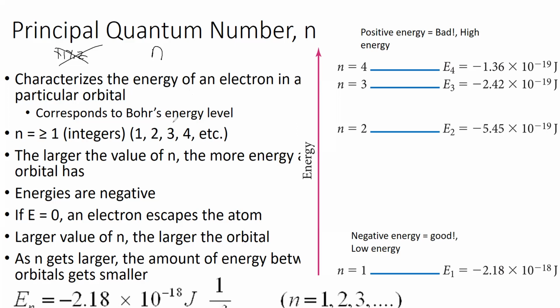This is the same thing as the Bohr model we just looked at on the last slide, in that the energy level you have to be at has to be 1 or greater, and they have to be integers. So you can be at an energy level of 1, 2, 3, 4, all the way to infinity.